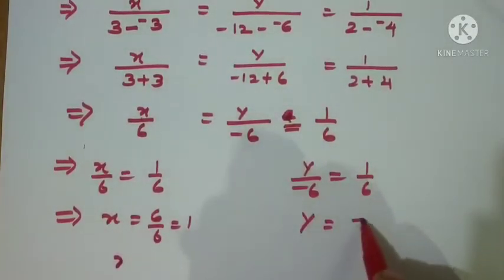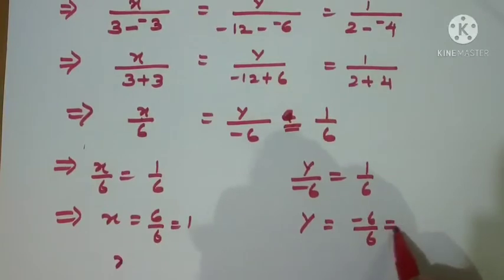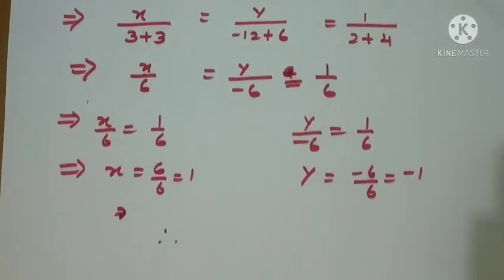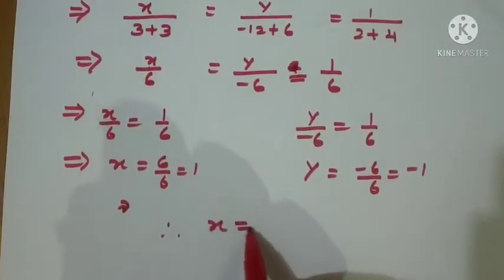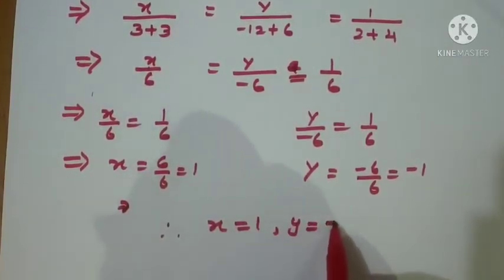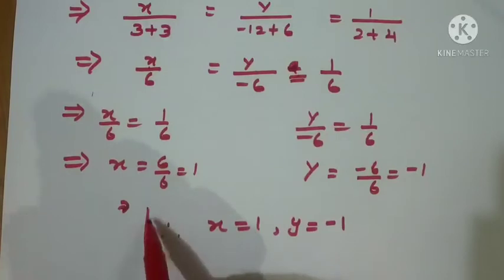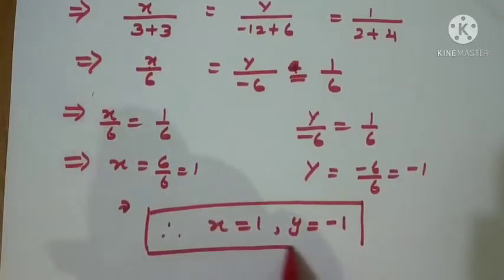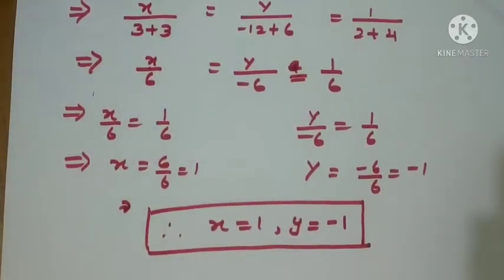Why are we keeping this side only? −6 by 6 is equal to −1. So therefore, what are the answers we got? x equal to 1, y equal to −1. So we got the answer. I think you got a little idea about how to do the cross multiplication method.